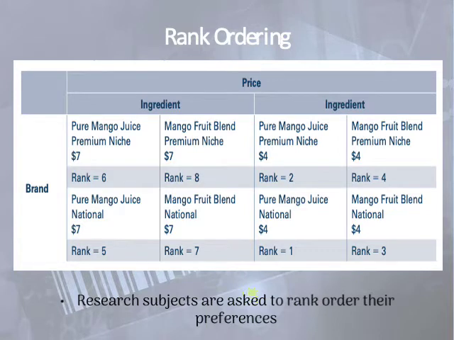We ask, or you ask your participants to rank the potential products in order of preference. Now in our example, consider a participant that most prefers pure mango juice with national brand priced at $4. So mao nang rank 1 siya.